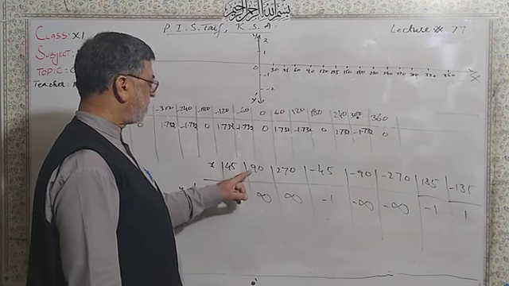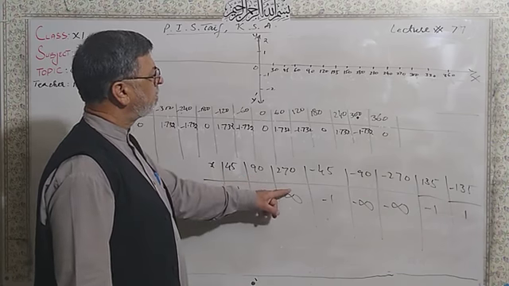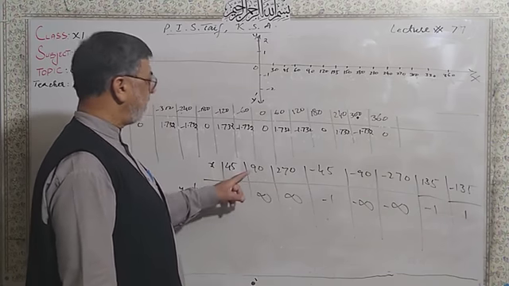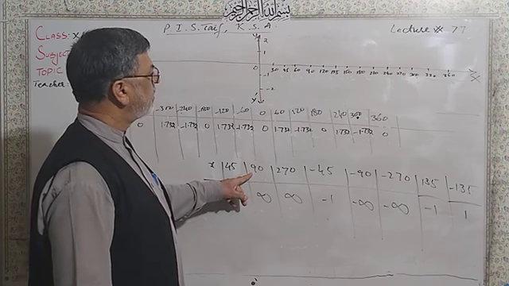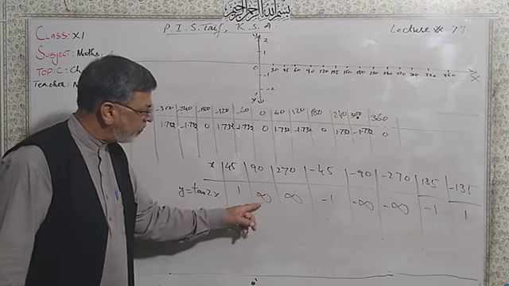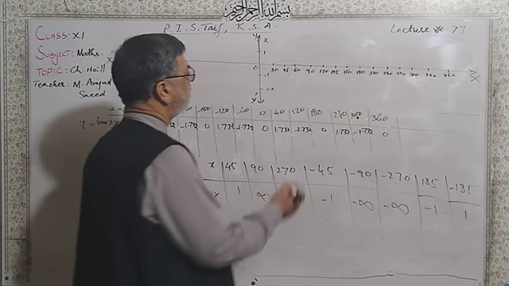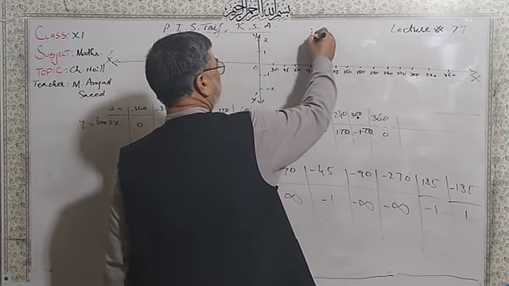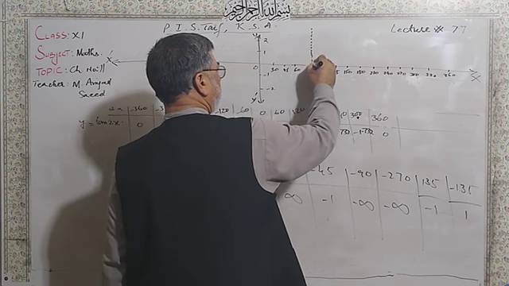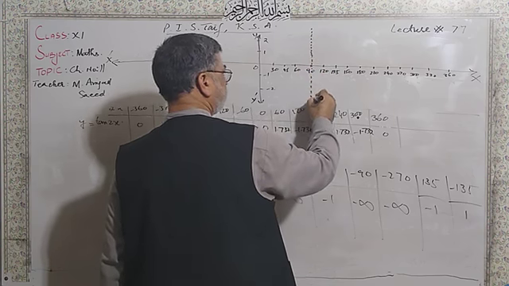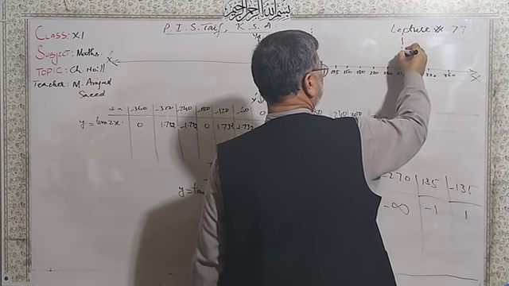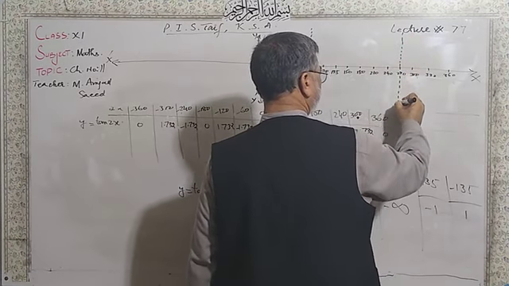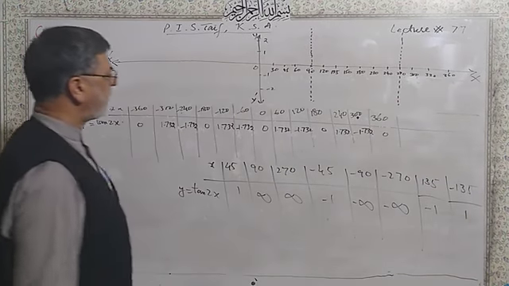We have written positive 270 and 90 positive also. These are infinity lines. For 90, you can draw these infinity lines. Then 270 also. These are infinity lines.